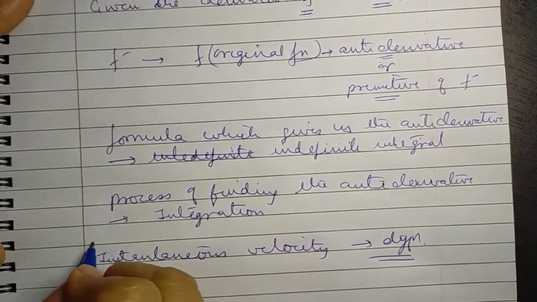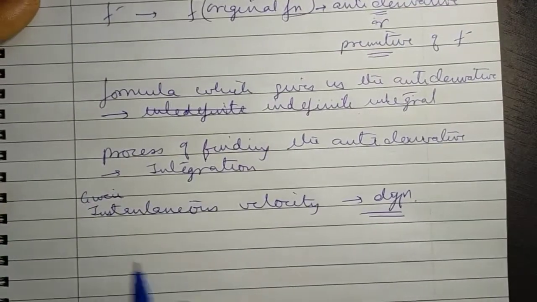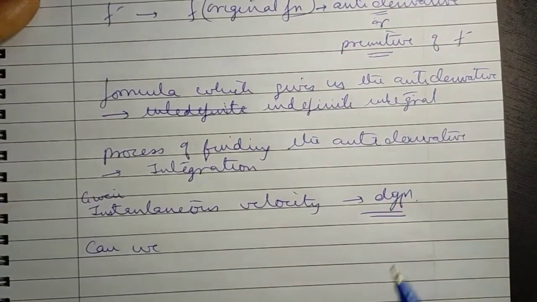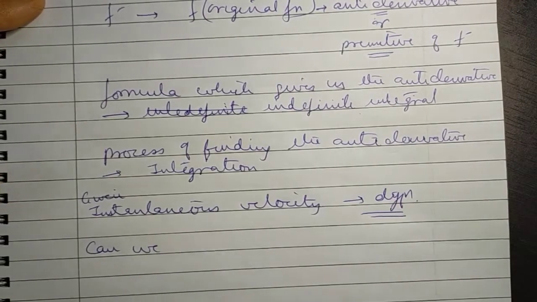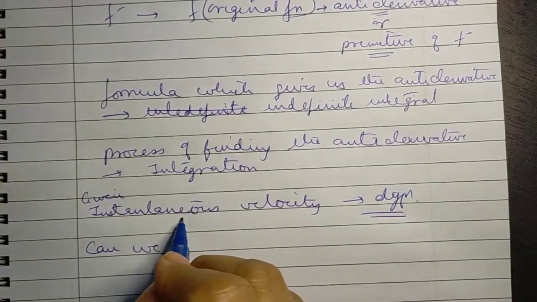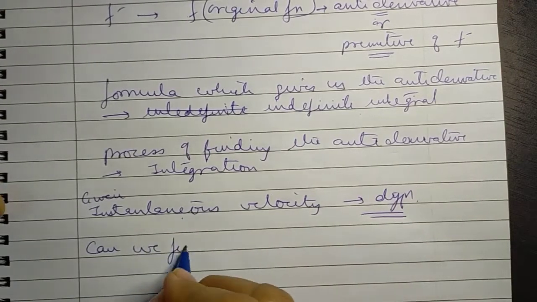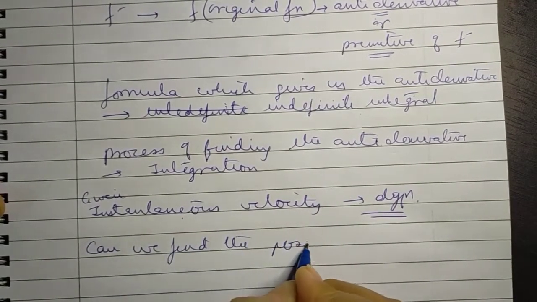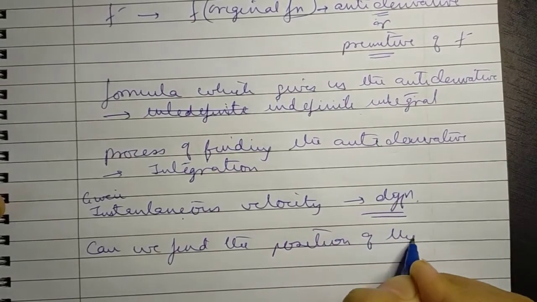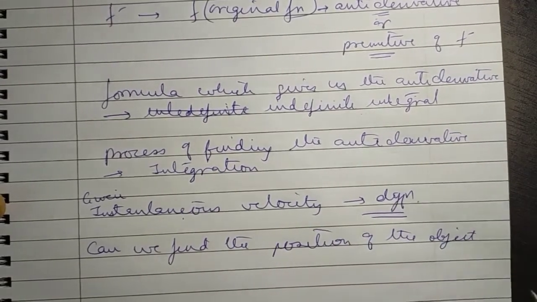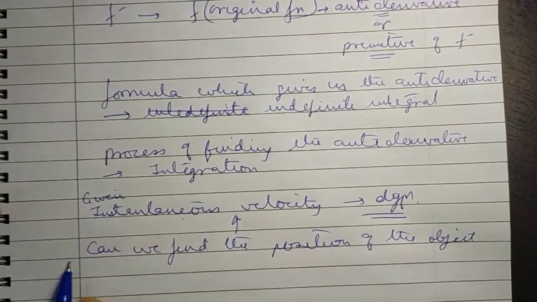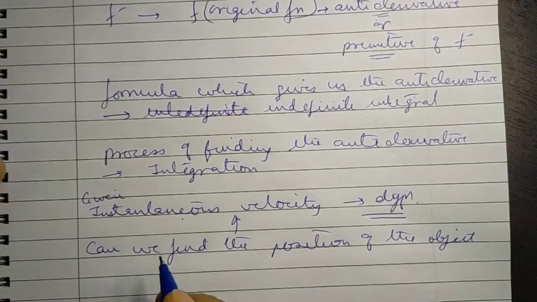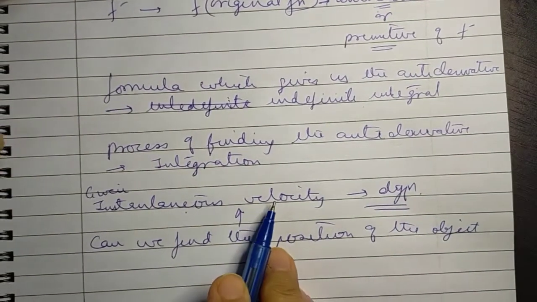So given instantaneous velocity, can we find the position of the object at which the instantaneous velocity is given? This kind of question and various other queries give rise to the concept of integral calculus.